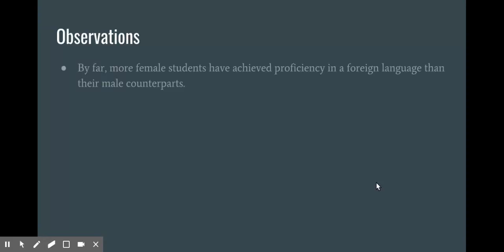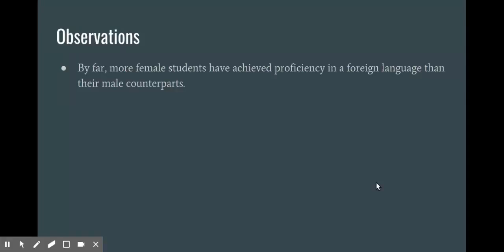So now let's talk about these non-data observations. Remember, when I use the word data, I mean numbers. So these observations that don't include numbers are more general. I say by far more female students have achieved proficiency in foreign language than their male counterparts. And if you look at this graph, it's very clear that there are more females that are proficient in a foreign language than there are males.